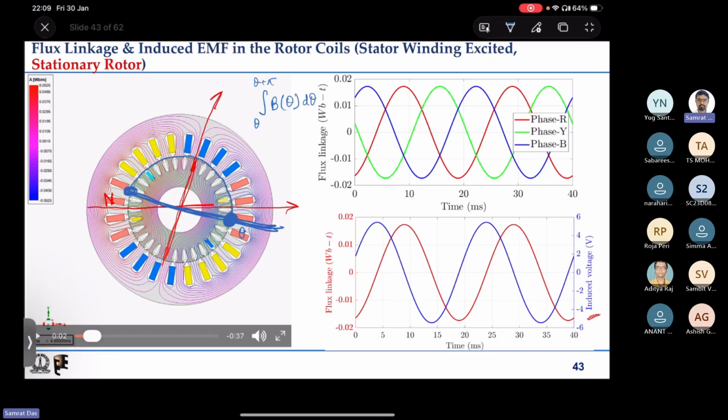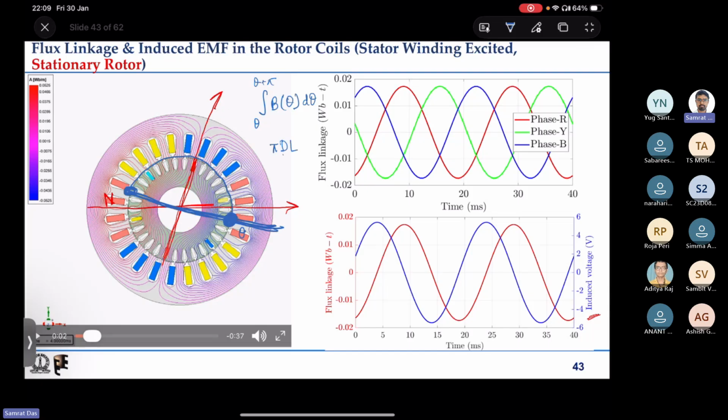That will give the flux. So flux is basically B dot ds. Here, what is the area? Because it is a cylinder surface, the side area of a cylinder, that is nothing but pi dl.